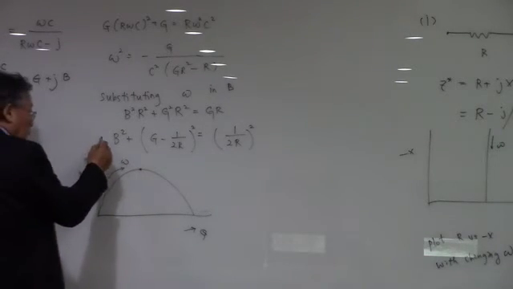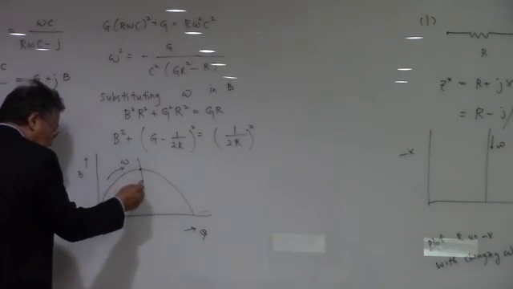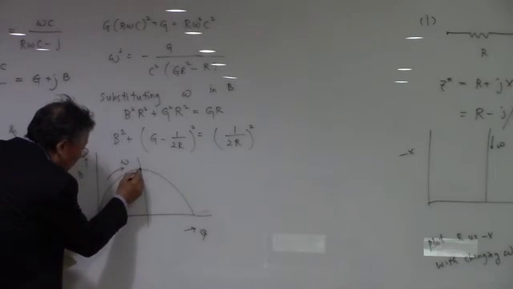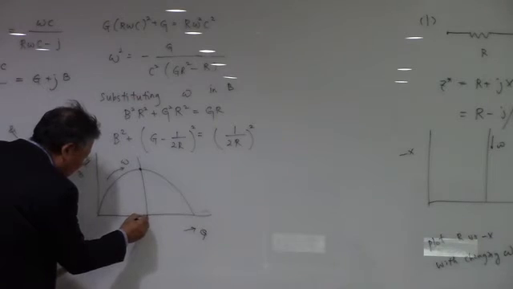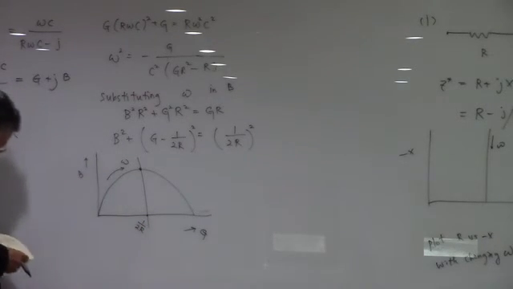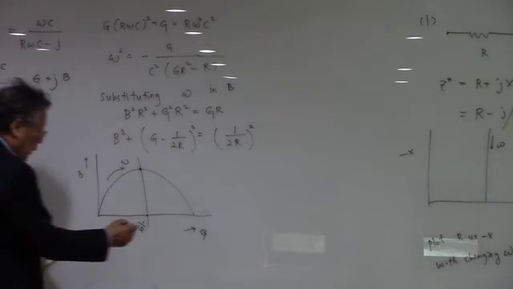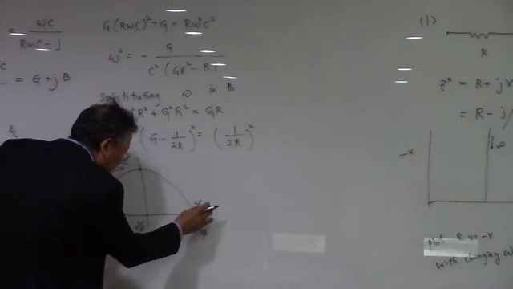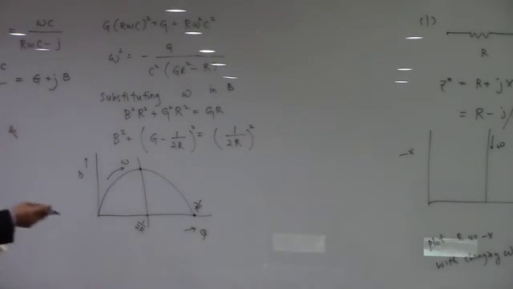And then, according to this equation, you're going to see that the maximum point here is 1 over 2R, and then here, that is 1 over R. The R is the bulk resistance of the system, right?